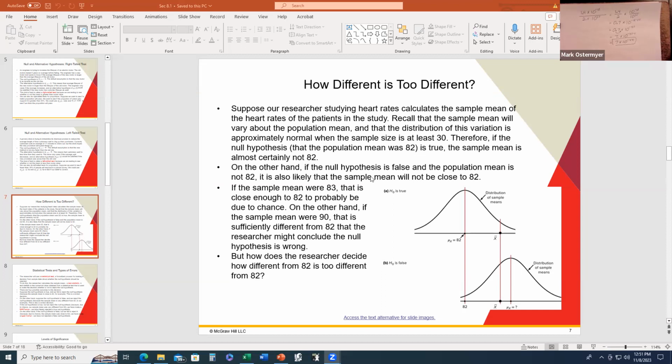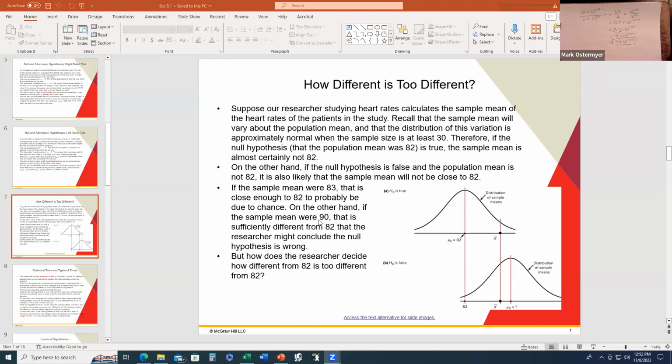On the other hand, if the null hypothesis is false and the population mean is not 82, it is also likely that the sample mean will not be close to 82. If the sample mean were 83, that is close enough to 82 to probably be due to chance. On the other hand, if the sample mean was like 90 beats per minute, then you can see that that is significantly different than the purported population mean heart rate of 82.